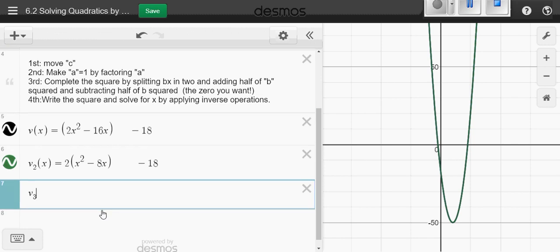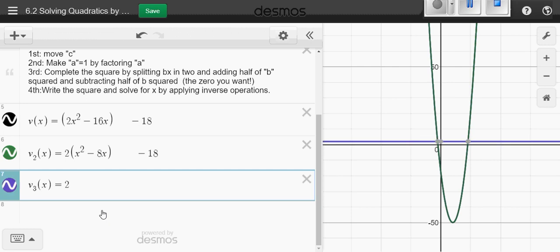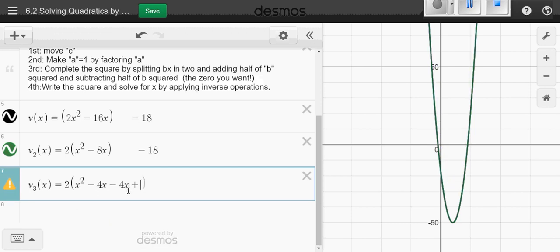So my third step equals 2 times, and now I'm going to write this as x squared, split the linear term, and add 4 squared.